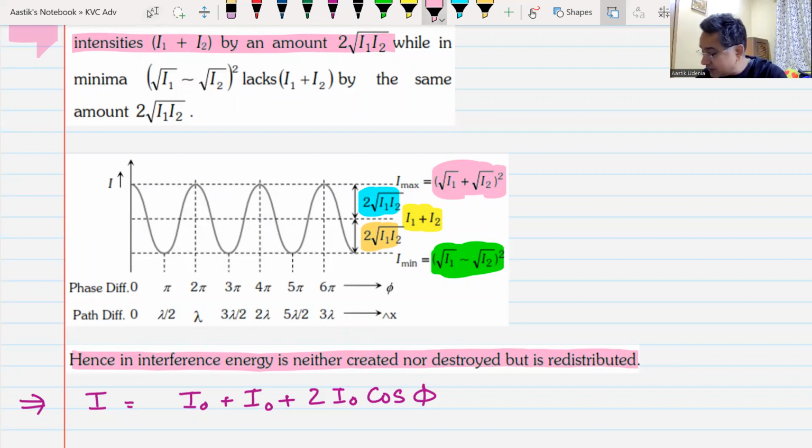Now this formula can be squeezed and written in this legendary form. I will be equal to, how can I write it? 4 I naught cos square.